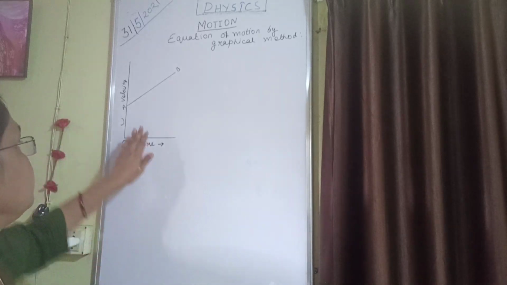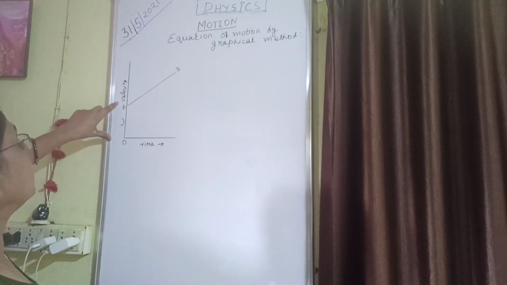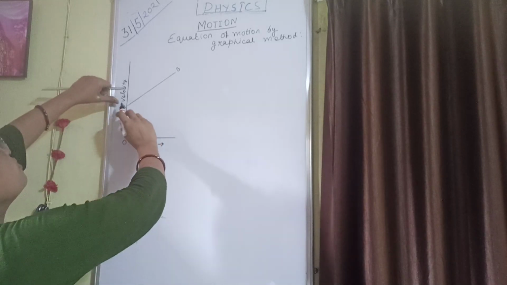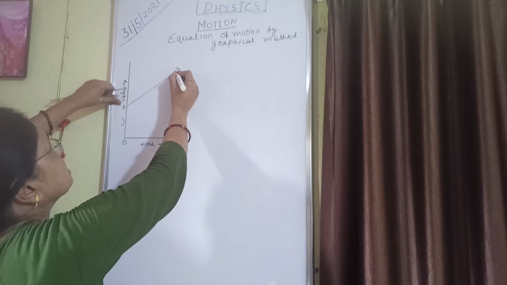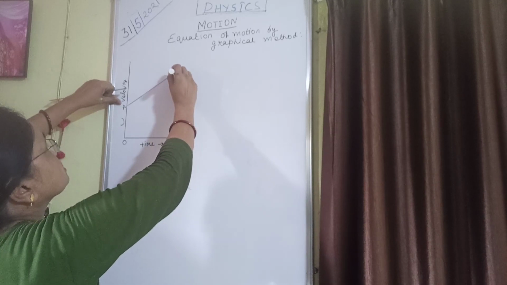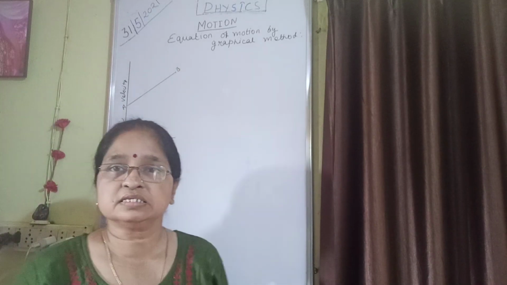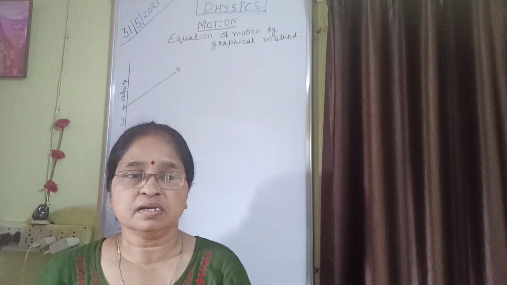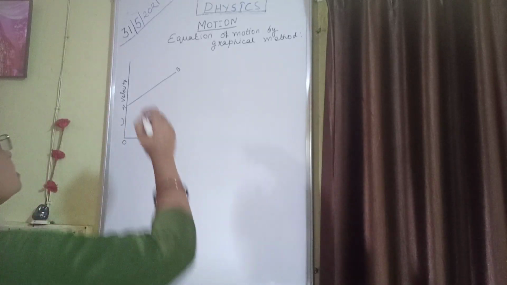So the body is moving with some initial velocity, that is OA, and as it starts moving from position A, it comes to rest at position B. So here the body stops moving. Students, in the previous class we have seen that the slope of a velocity-time graph shows acceleration.